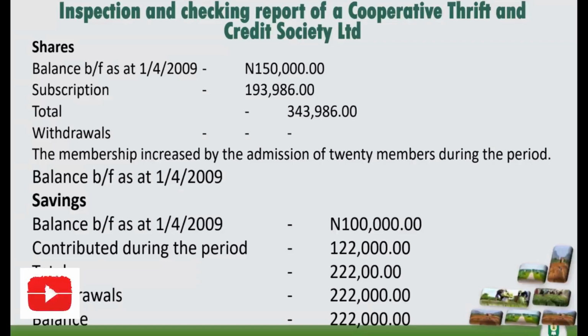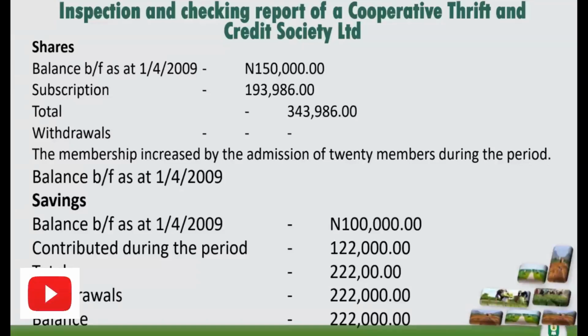The membership increased by the admission of 20 members during the period, and the balance brought forward as at 1st of April 2009. So under savings, you say balance brought forward 100,000, contributed during the period 122,000, total 222,000, withdrawal 222,000, balance 222,000.